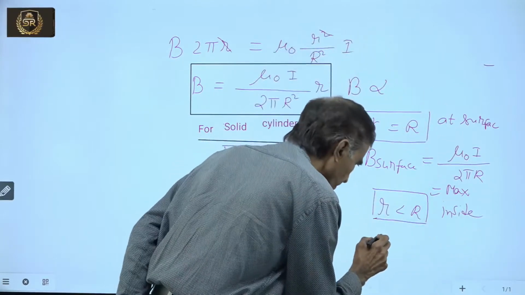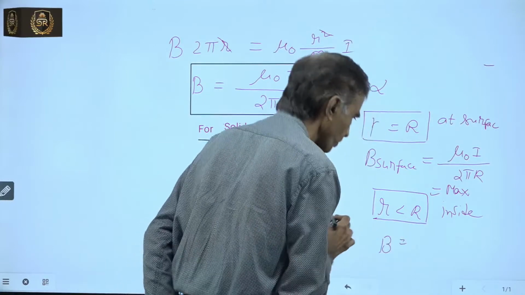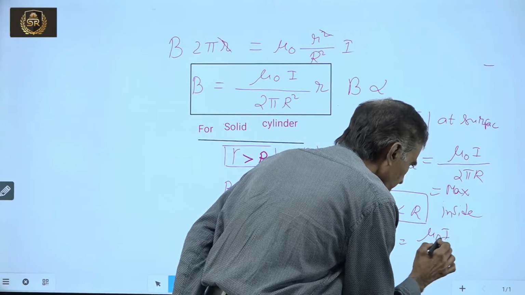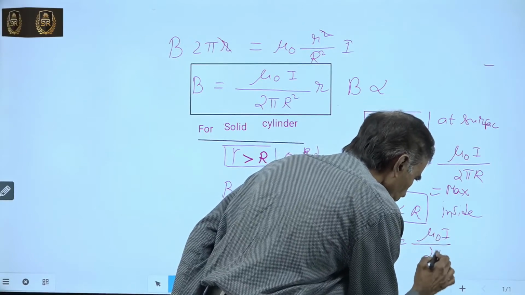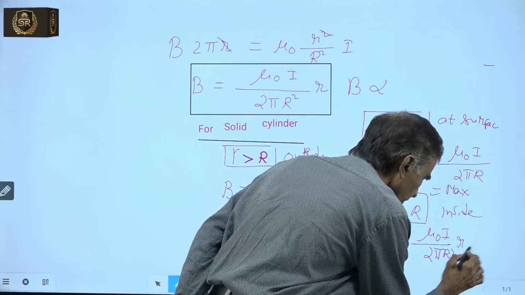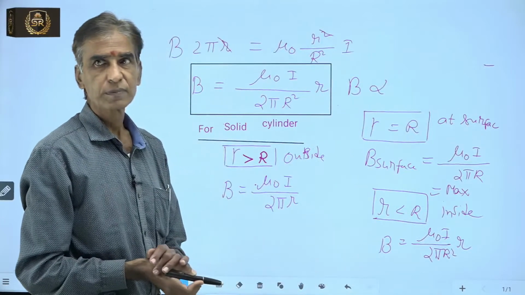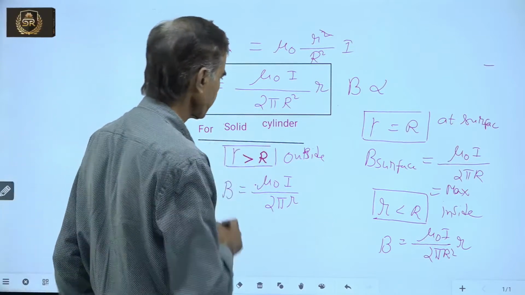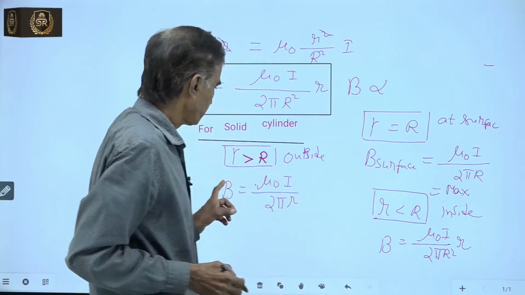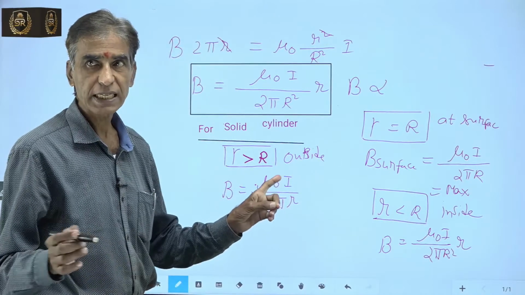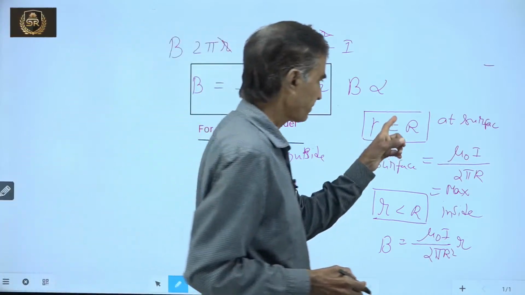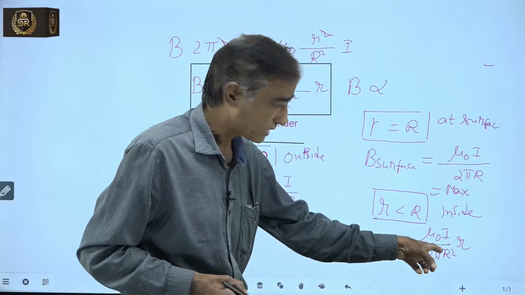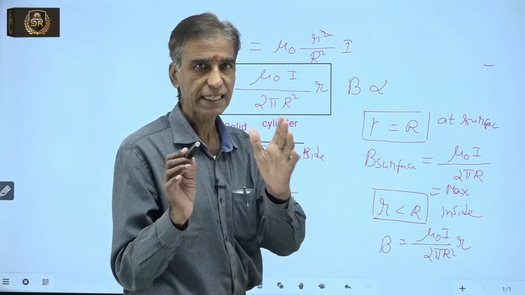So, inside we have B is equal to mu naught I divided by 2 pi capital R square into small r. So, the graph is very important. Quite often they are asking the graph. See, outside B is proportional to 1 by r, Br is a constant. Next, at surface maximum. And inside directly proportional to small r, because capital R, the radius of the conductor, is a constant.